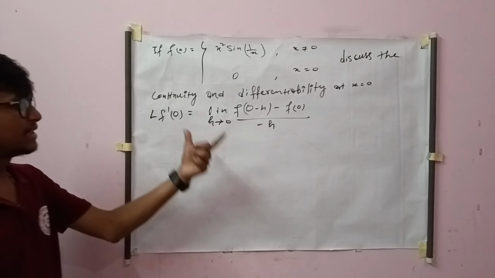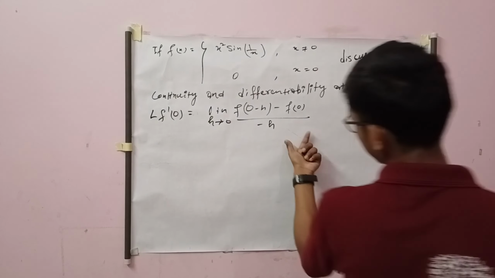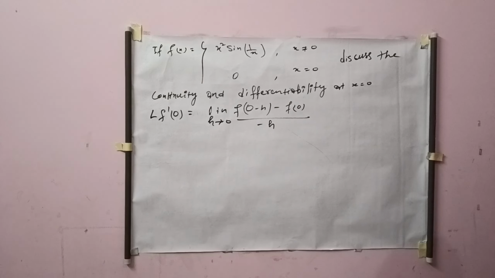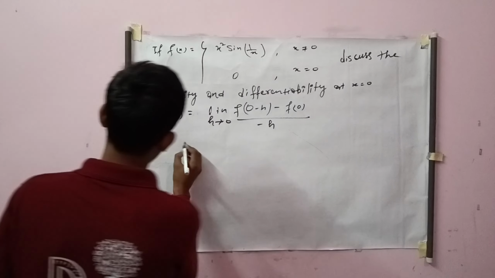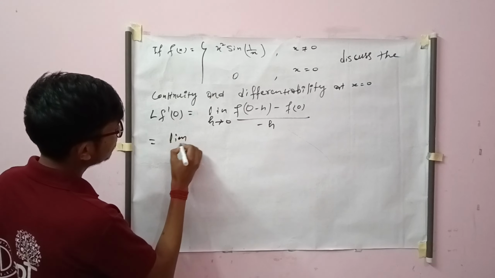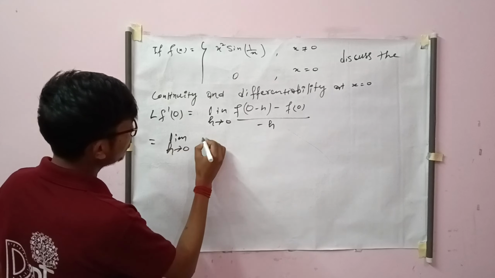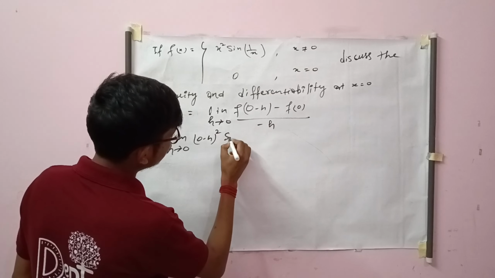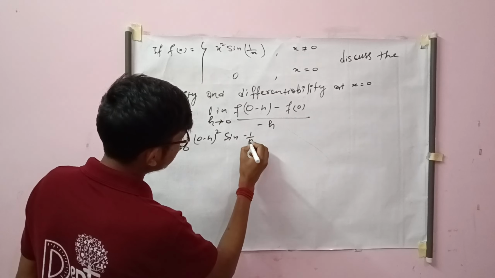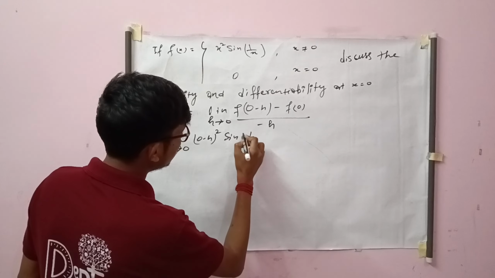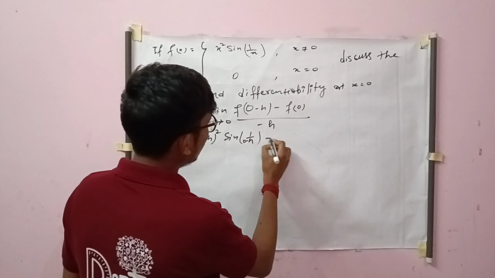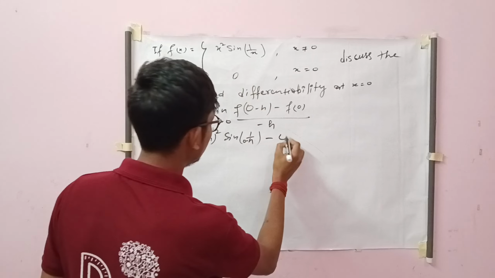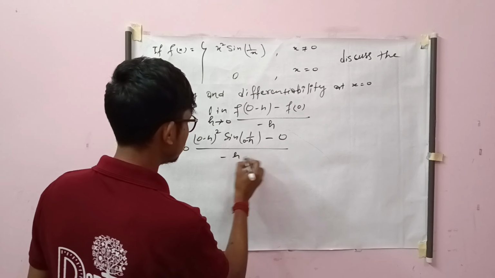Now, how do we check whether that limit exists or not? Limit h tends to 0 of (0 minus h square into sine 1 upon 0 minus h) minus f(0), where f(0) is 0, upon minus h.